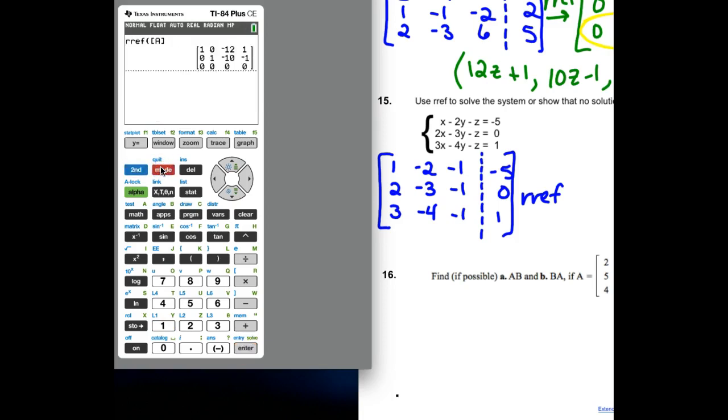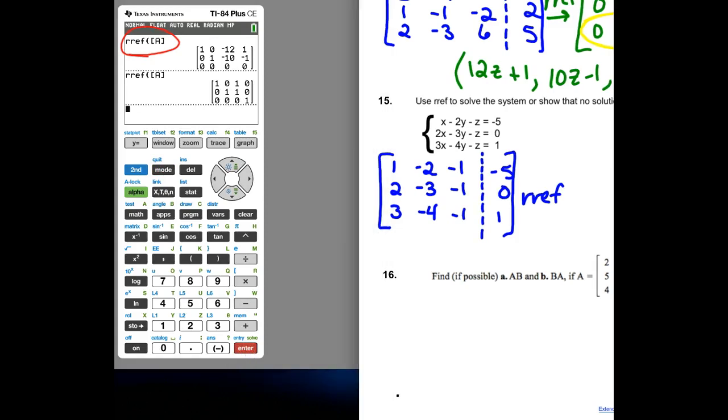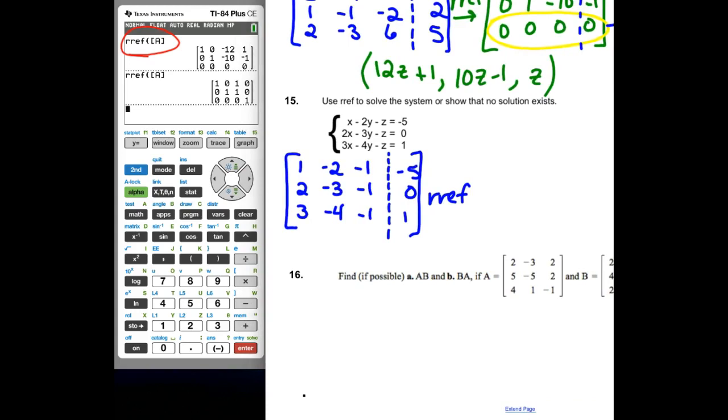Now, the last command that I gave my calculator was to do a reduced row echelon on matrix A, and since I replaced this same matrix with my new matrix A, I can just hit enter again and it will recalculate it with the new one. All right, so we do our RREF and we end up with this.